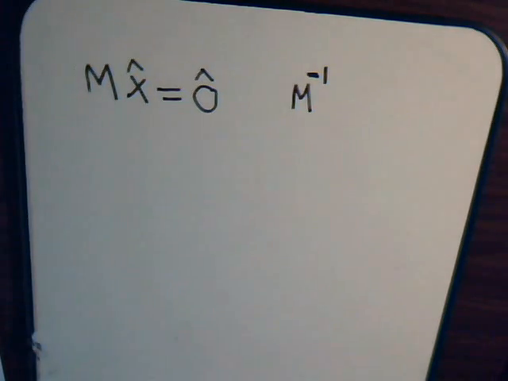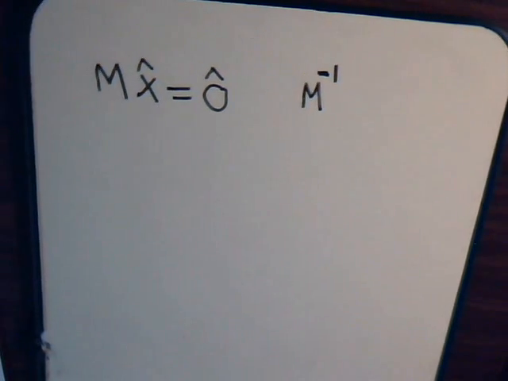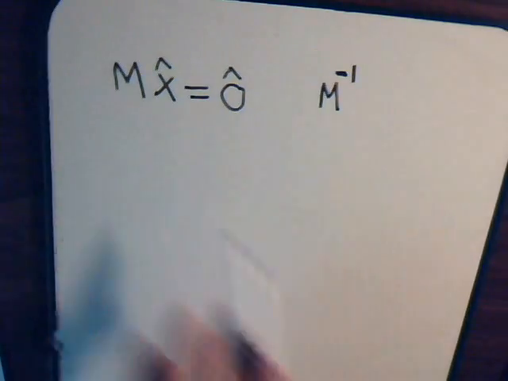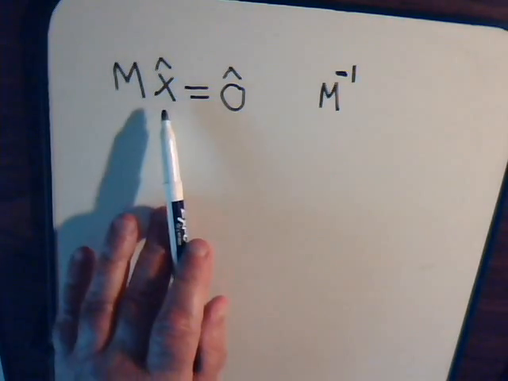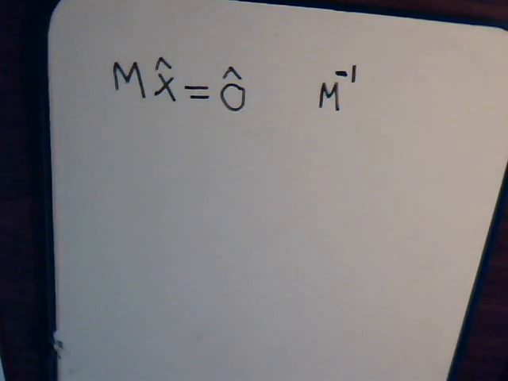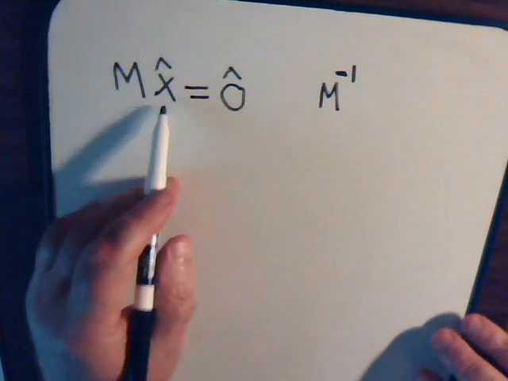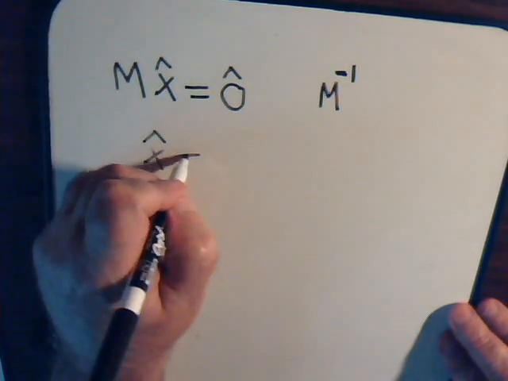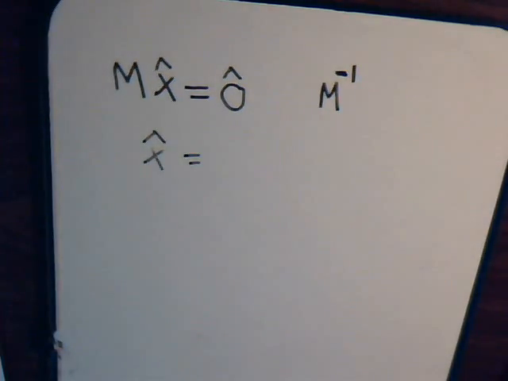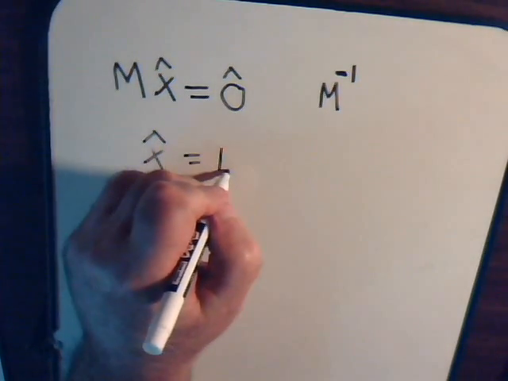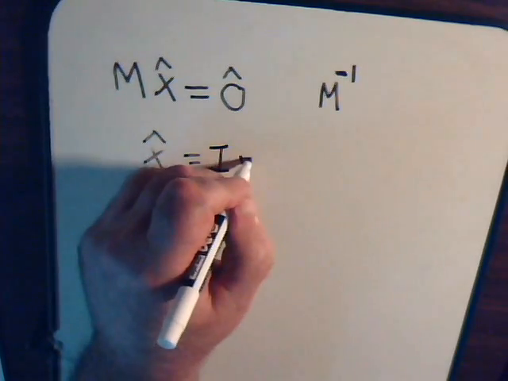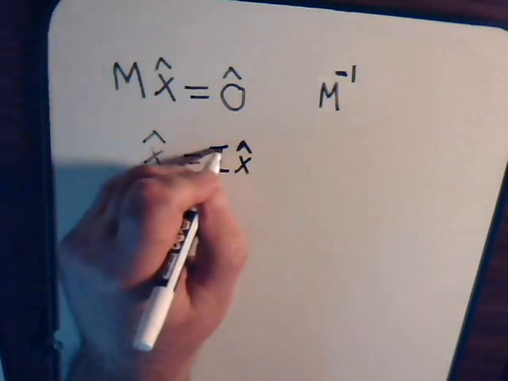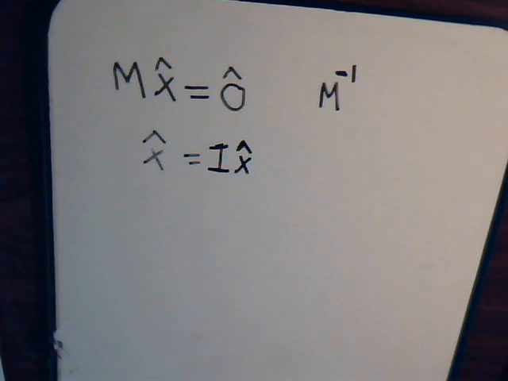Okay, if our matrix M has an inverse, then the only way that this can be 0 is this has to be 0. And it's easy to show. First step we can say is that this is equal to the identity matrix times this.